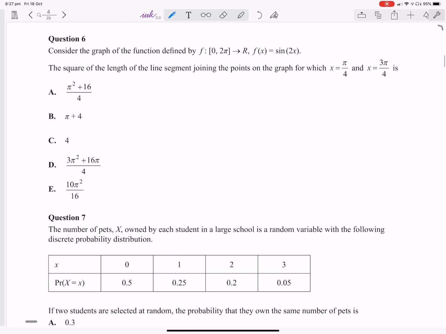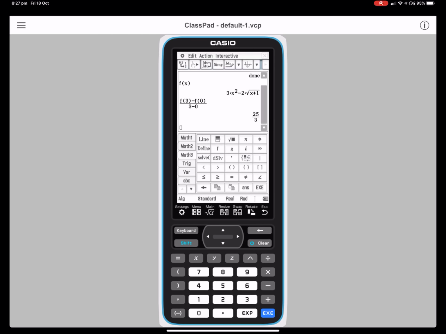Okay, consider the graph of that function. The square of the length of the line segment joining the points for that graph. Okay, so pi on 4, 3 pi on 4. Let's define it again. Now it says the square, so we don't have to square root it to find the distance. Sine 2x it was. Make sure your calculator's in radians. Sine 2x, define.